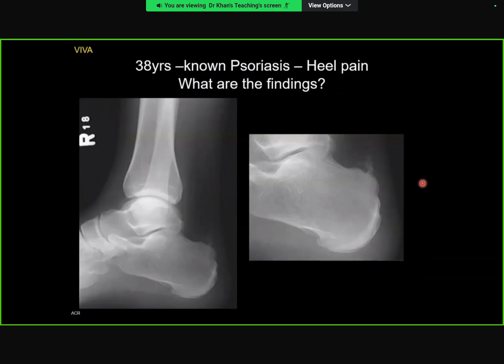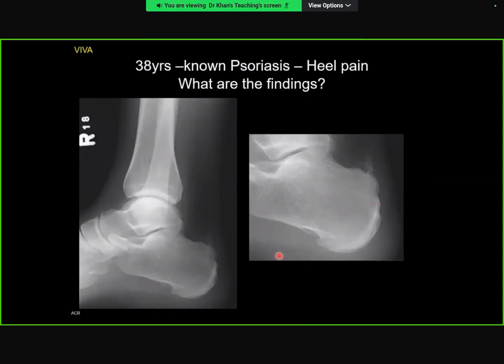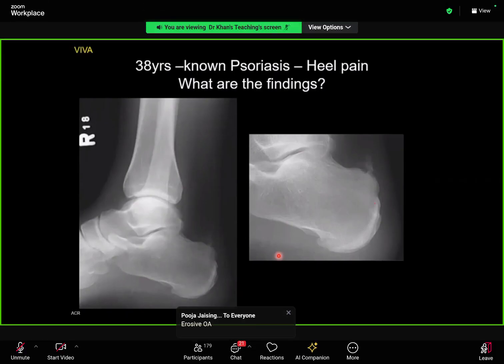Okay, so that's the lateral view of the ankle joint and the cone view of the calcaneum, in which I can see there is erosion at the posterior part of the calcaneum at the level of the attachment of the Achilles tendon.